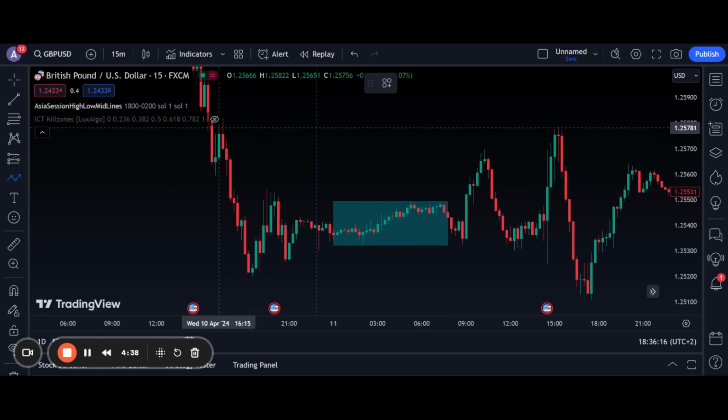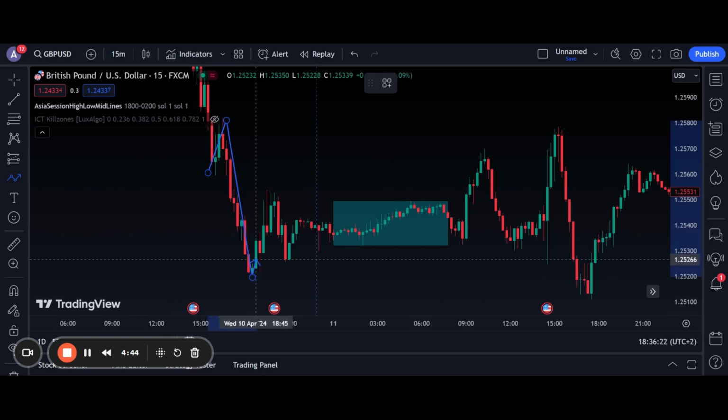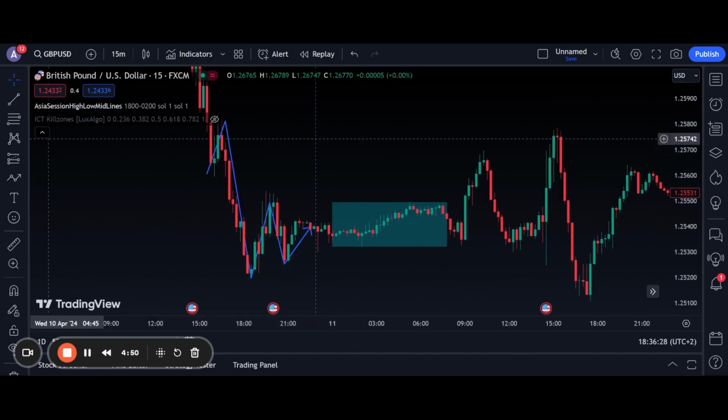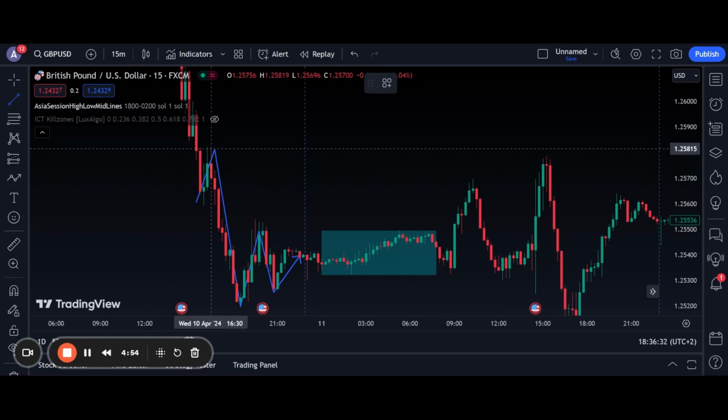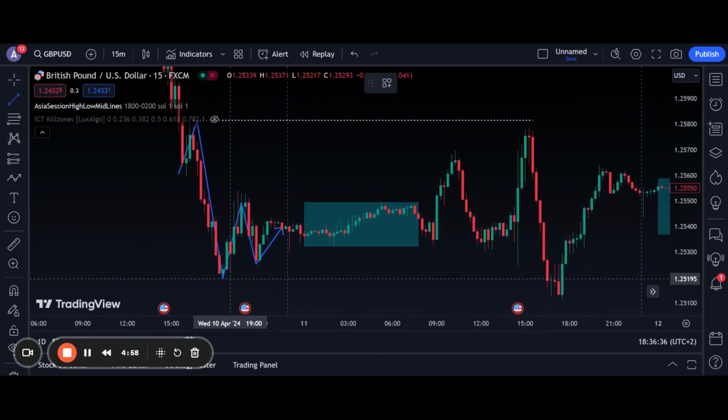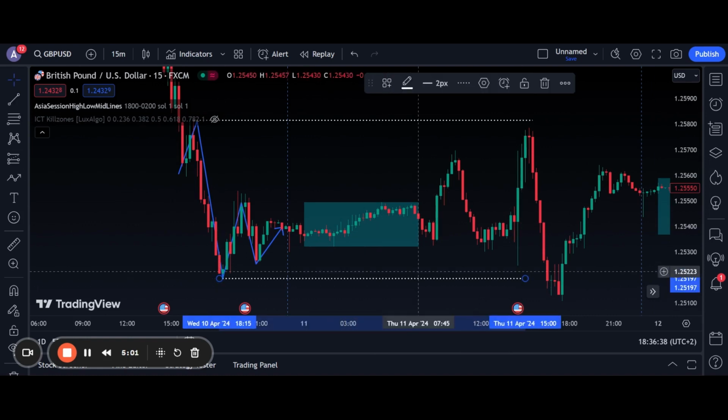So this is from the previous day. We have a low, we have a high, and then we have a break of a low, and then we just consolidate in here. So what will be our previous day's range? Well, it will be this high and this low, right?